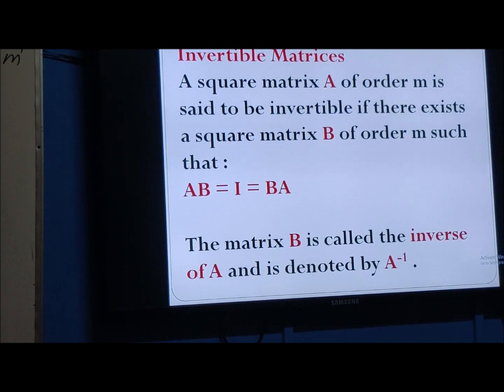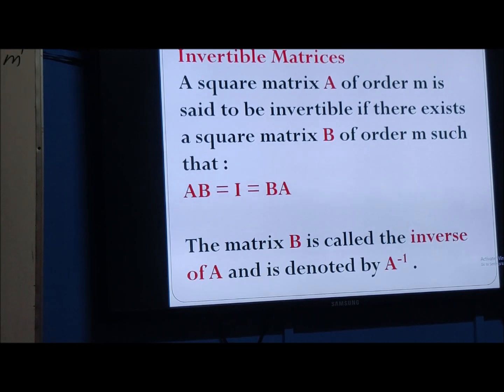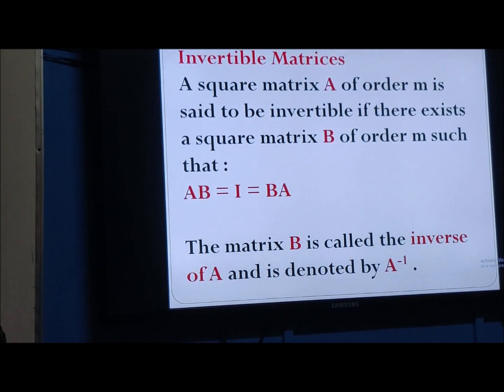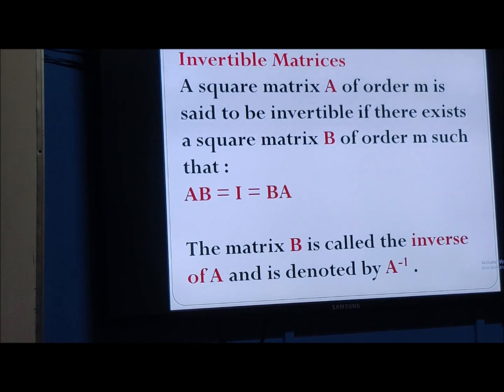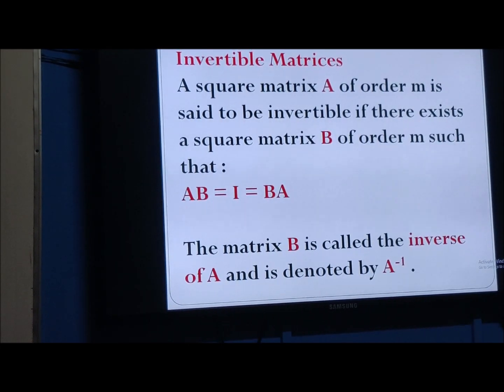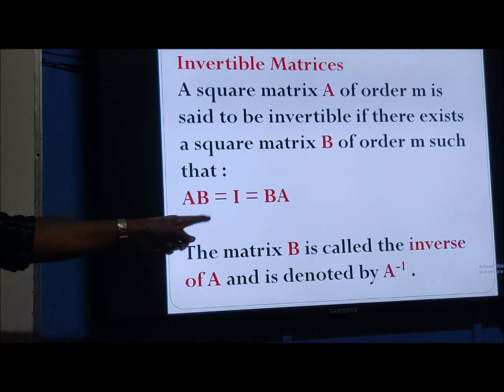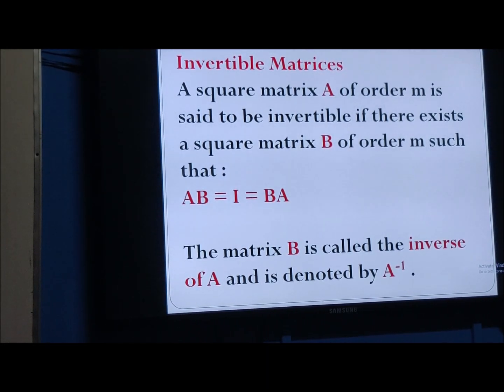And the matrix B is known as the inverse of A and is denoted by A to the power minus 1, that is A inverse. In trigonometry also we know sine inverse, and for a function, F inverse. Like that, here the inverse of A is denoted by A inverse.